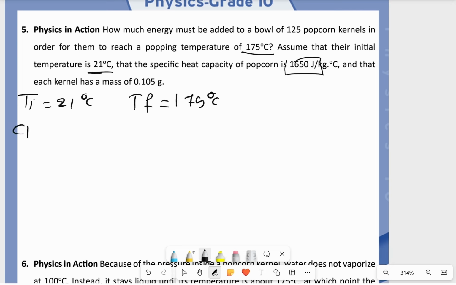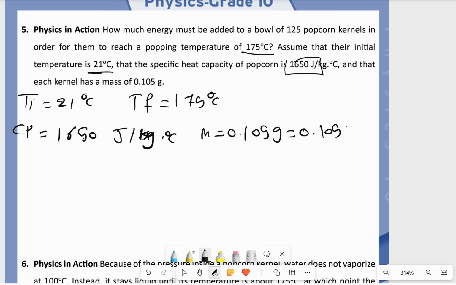Then we have Cp for the popcorn, which is equal to 1650 joule per kilogram per Celsius. And then we have the mass of the popcorn, which is equal to 0.105 gram. Change it to kilogram, it's going to be 0.105 times 10 to the power of minus 3 kilogram. These are all the givens we should be using.